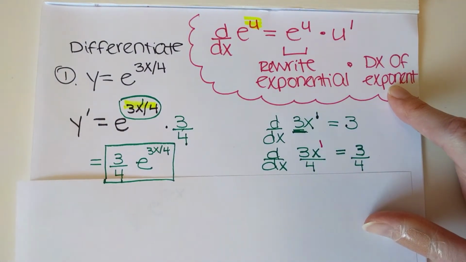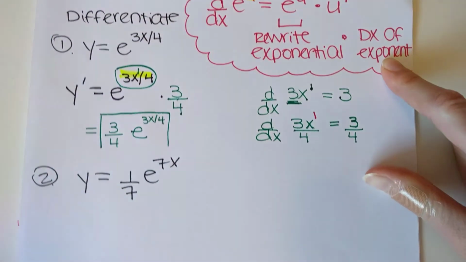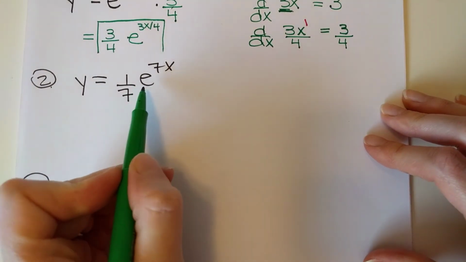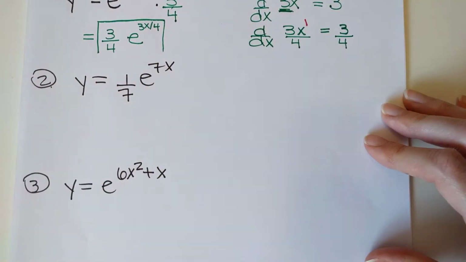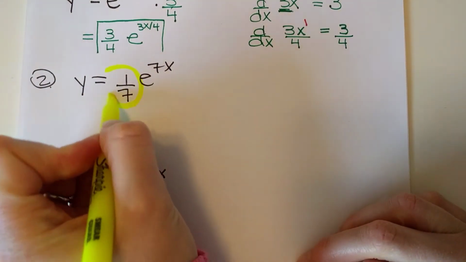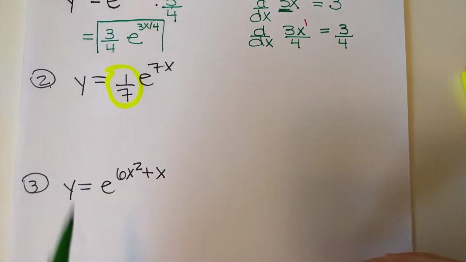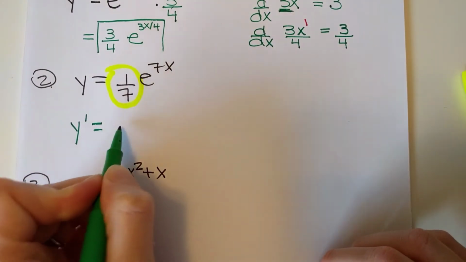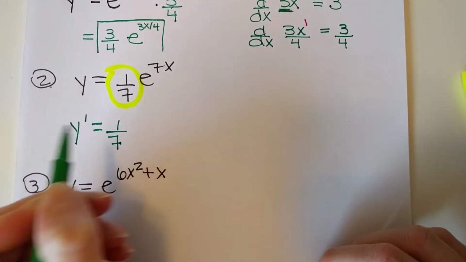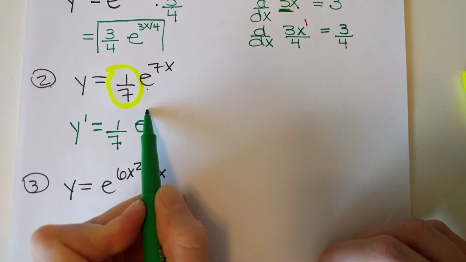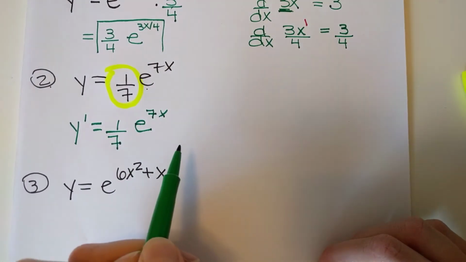All right, so let's look at a couple of other examples before we go on here. So let's say that I have 1 over 7 e to the 7x. Now here, this 1 over 7 is a coefficient, so it will just tag along as it always does. So we will have y prime is equal to 1 over 7. And then our e to the 7x, we have to rewrite the exponential, so we'll have e to the 7x.